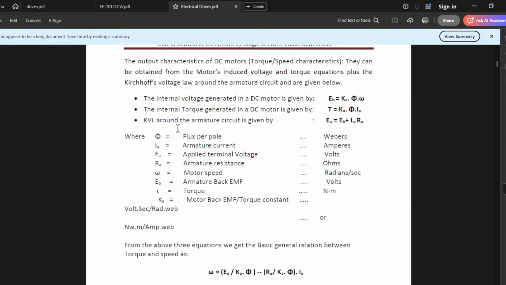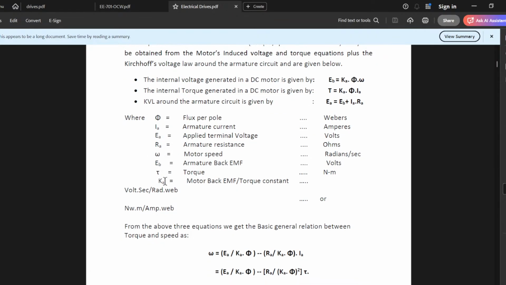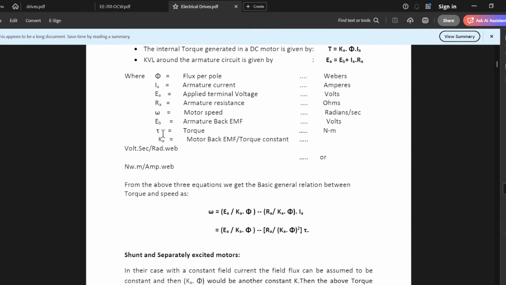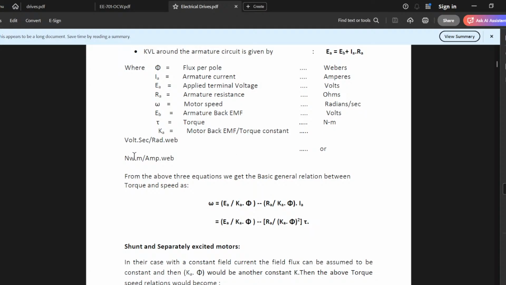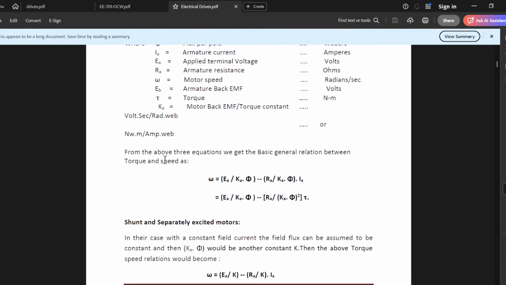Here phi is flux per pole, in Webers. IA is armature current in amperes. EA is the internal terminal voltage. RA is armature resistance. Omega is speed. EB is back EMF. T is torque. K is the motor back EMF torque constant, in volt-seconds per radian, or Webers.